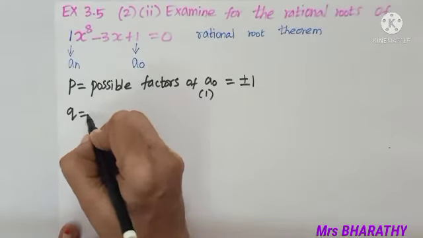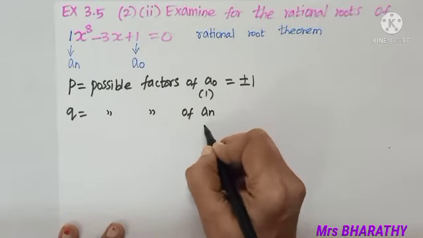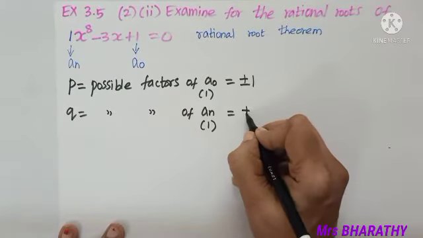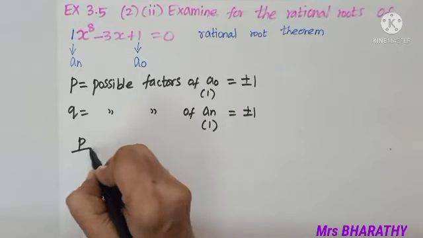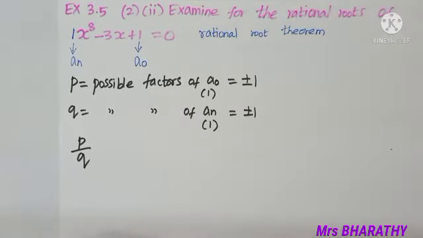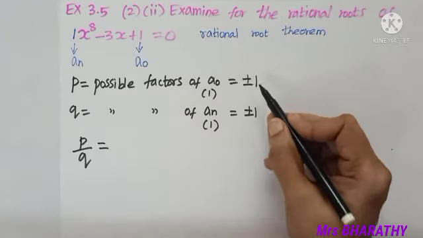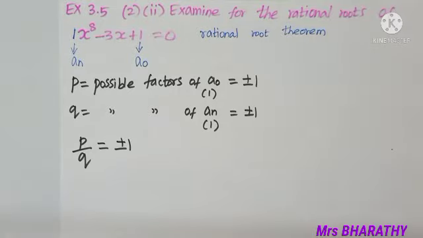And q, I call the possible factors of an. What is an here? That is also 1. I get plus or minus 1. Now I need to find out what is p by q. Obviously, p by q is plus or minus 1 by plus or minus 1. It is again plus or minus 1.